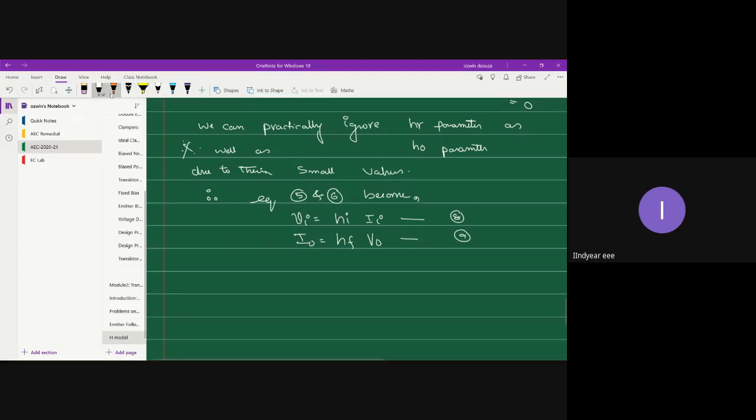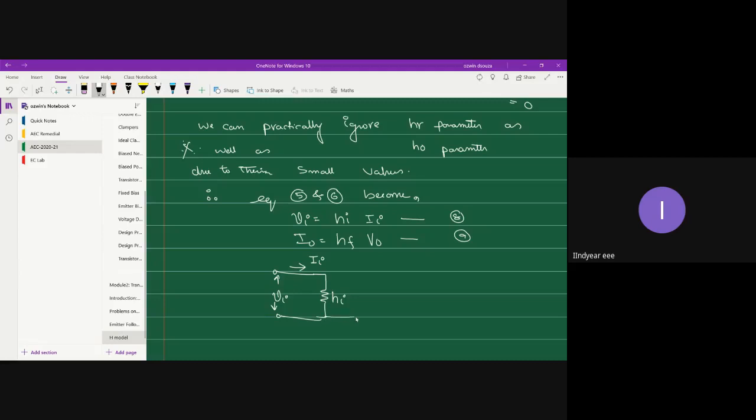So on the input side, basically we have a simple voltage source, VI, and a resistance HI, through which current II flows.